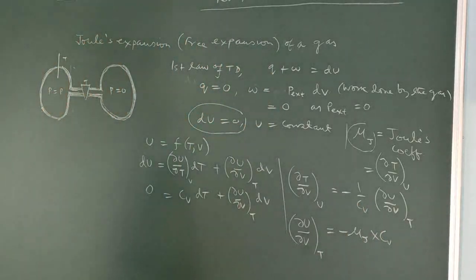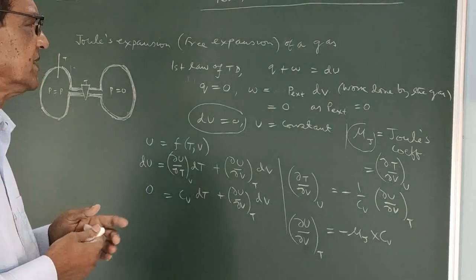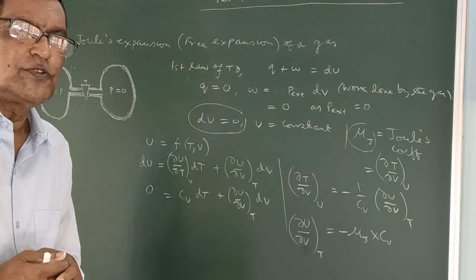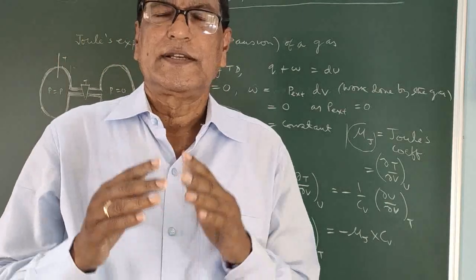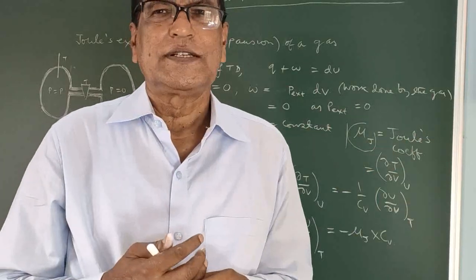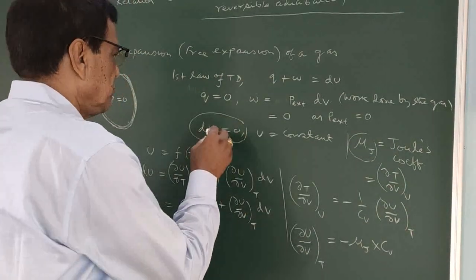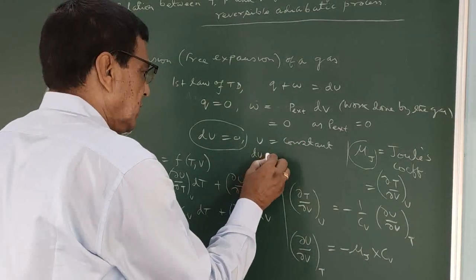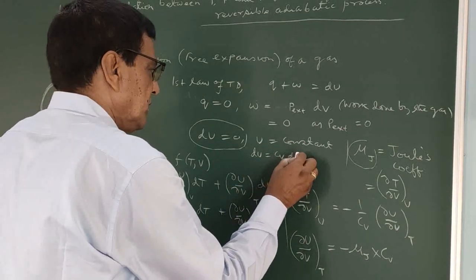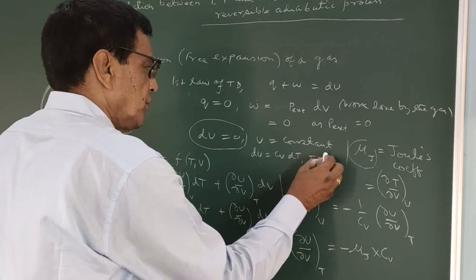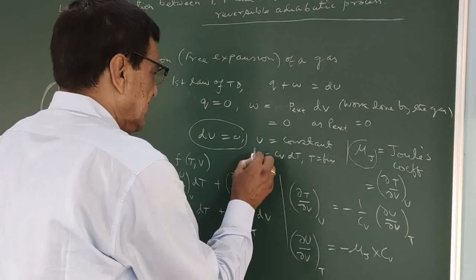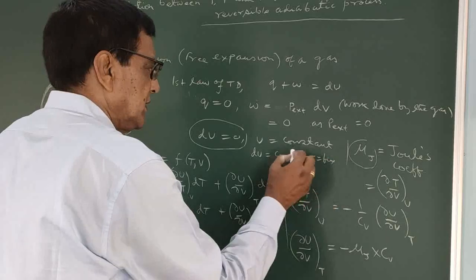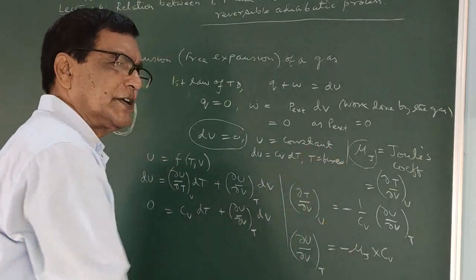It is very interesting to see this process. Q equals 0 means this expansion is an adiabatic process, and also dU equals 0. And if we consider an ideal gas, then dU equals Cv dT, so dU equals 0 means dT equals 0, so T is fixed.